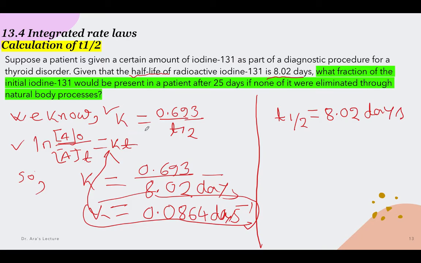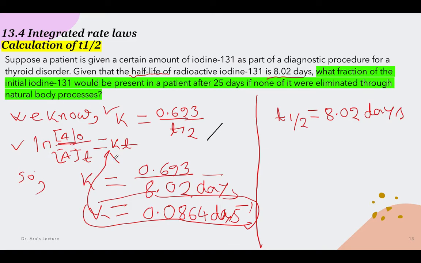We know that for the first order reaction, this is our equation for k. Also we have the equation ln A0 over At equals kt. Now we can find the k value from here because we already have t-half of 8 days. So that means we have the k value.